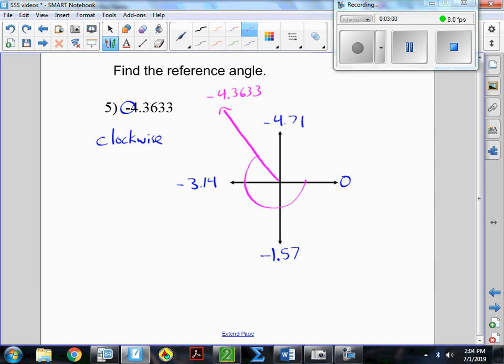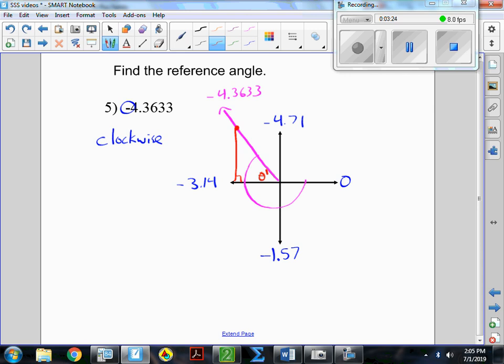And so then I want to find the reference angle. Reference angle is always drawn from a point on that angle straight down to the x-axis. Call this angle that's formed theta prime. It's called a reference angle because it refers to an angle in quadrant 1 that has the same trigonometric values as it does. So to figure that out, we need to find that difference there.